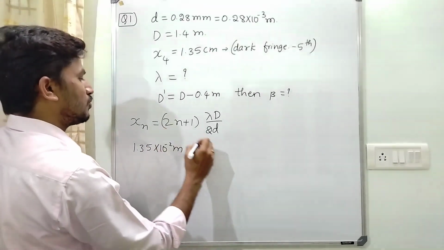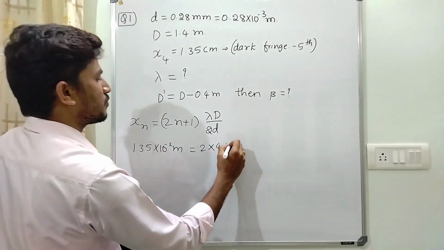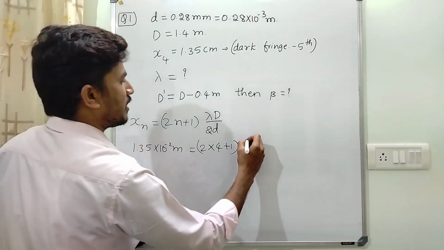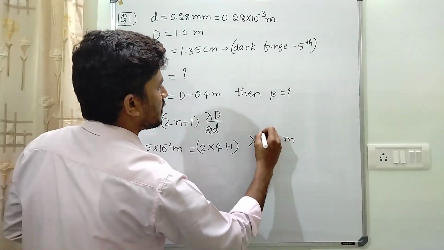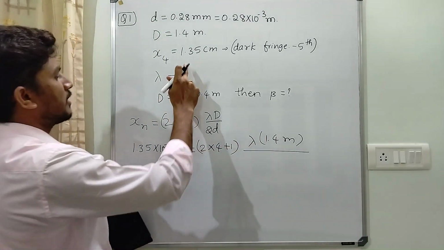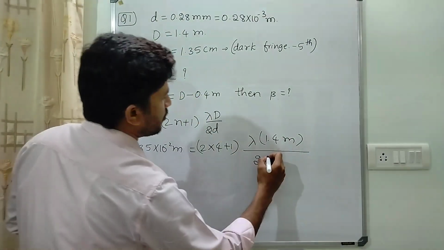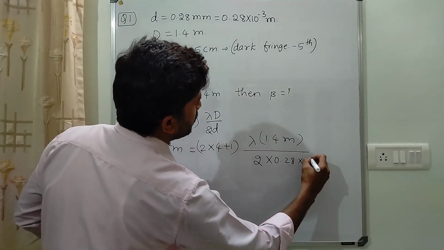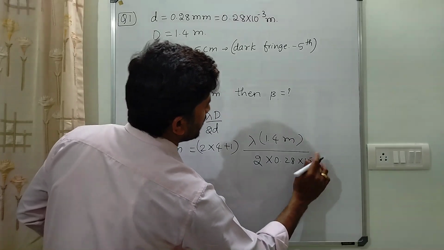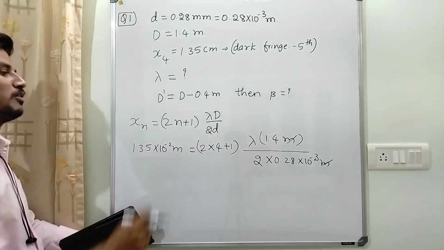That is equal to (2 into n value, we have to take 4, so 4 plus 1) into lambda, which we need to calculate, into capital D, which is given as 1.4 meter, divided by 2 into small d. Small d is 0.28 into 10 to the power minus 3 meter. So here meter will cancel out.